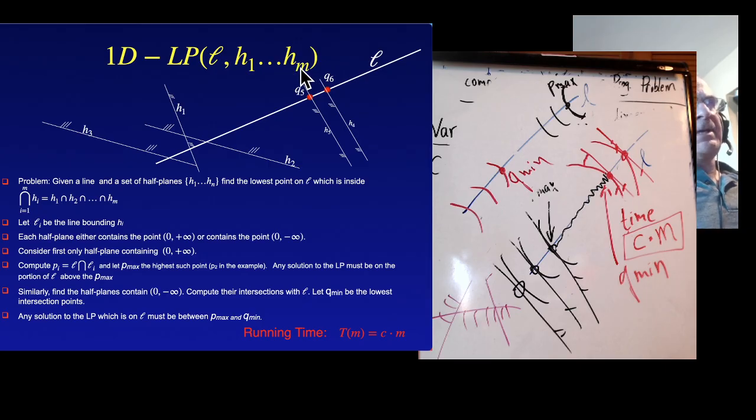As you'll see, m is not necessarily n. We'll use it in a slightly different context. Everybody is good with how in linear time we can find the 2 critical points, Q min, P max, and see how they relate to each other.